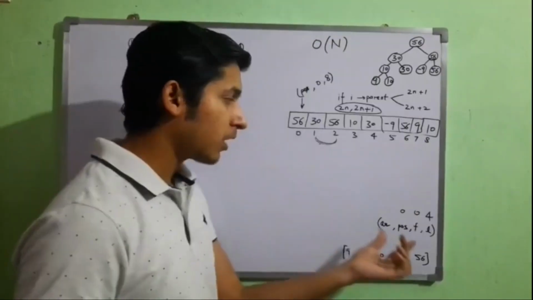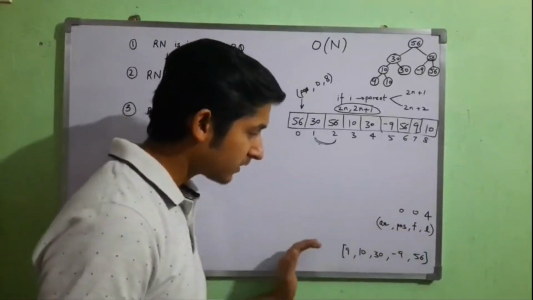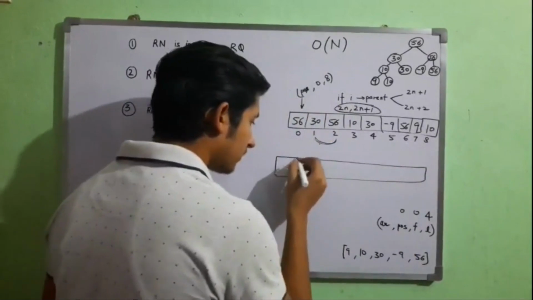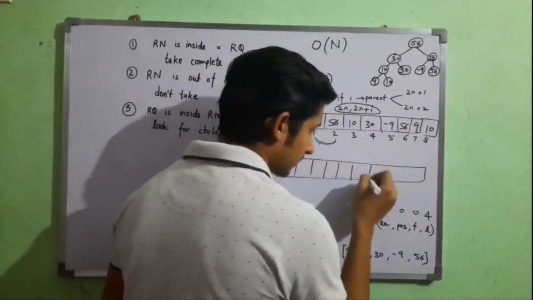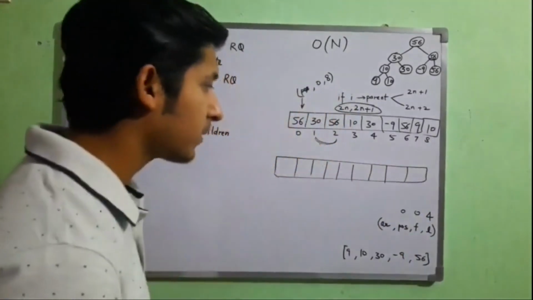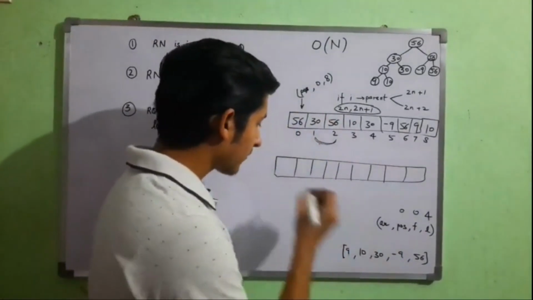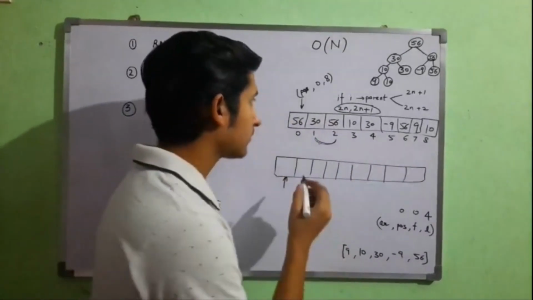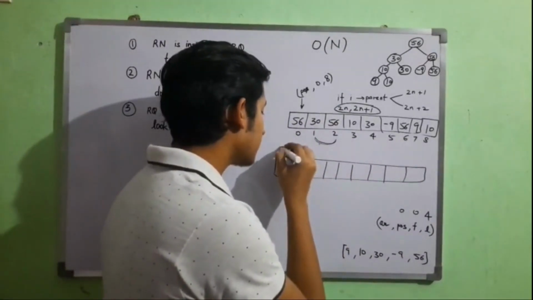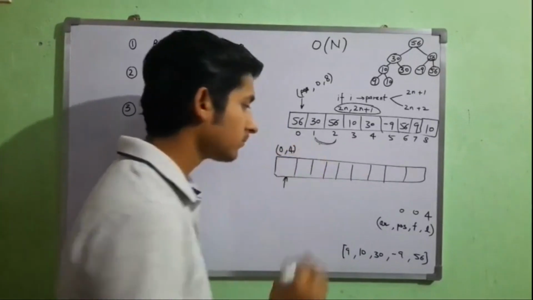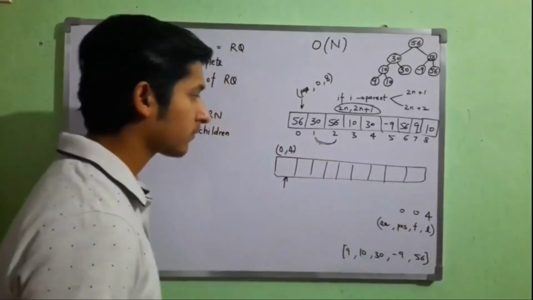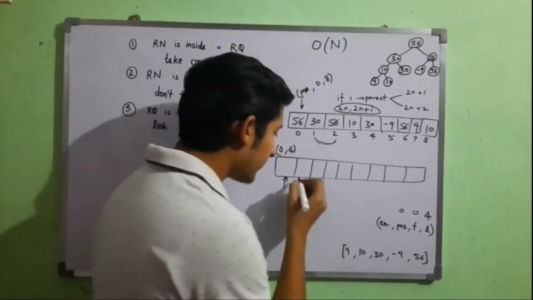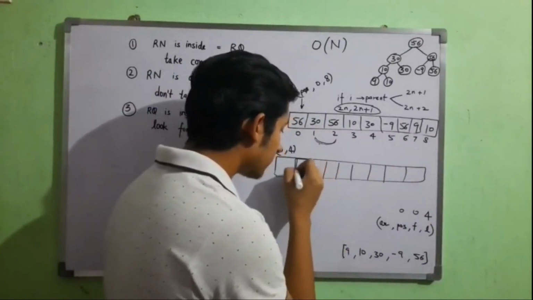Now I am given these parameters, this array, and this blank array. So what it will do, at this position I will store the range from 0 to 4. Now basically it will store the maximum of its children.